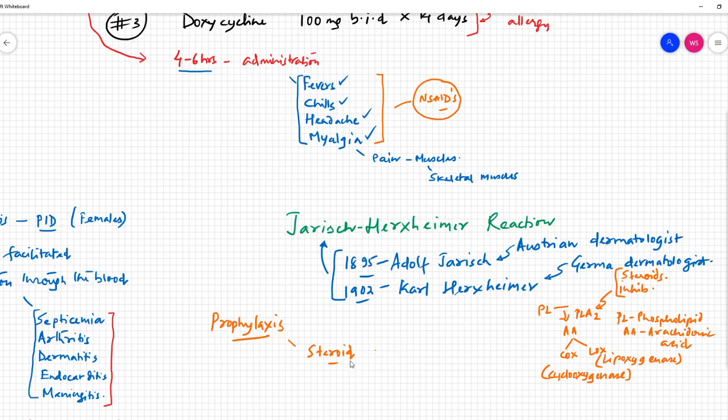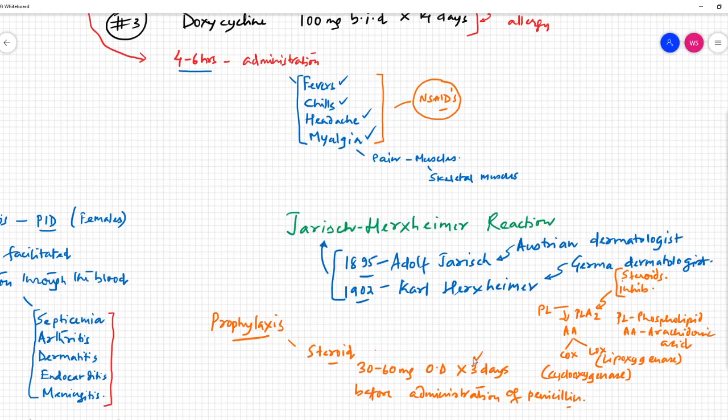This is given at 30 to 60 milligrams administered daily, OD, for 3 days before administration of penicillin.